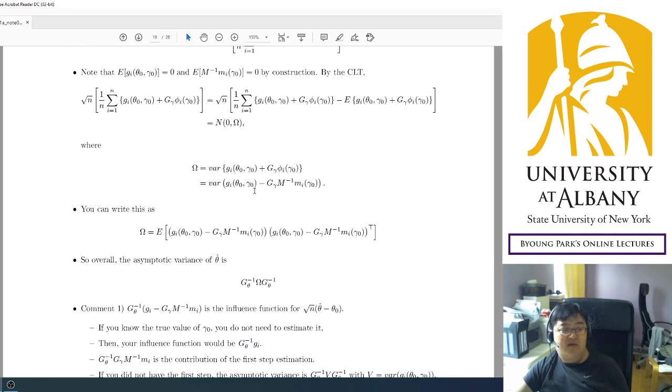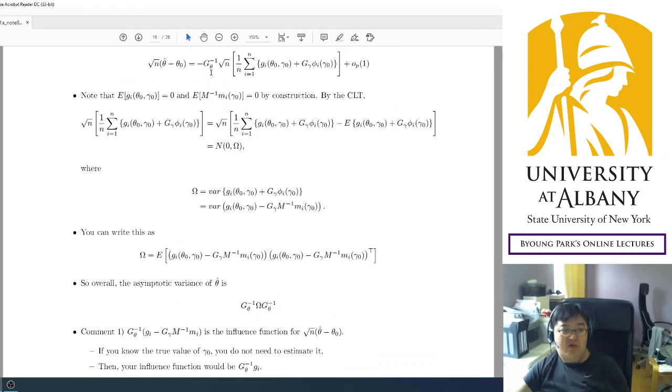And then this variance can also be written as this times this prime. So also the same as before. Therefore, in the end, watch this, g theta inverse times something approximately normal with variance omega. So the whole asymptotic variance of the estimator is g theta inverse omega g theta inverse.